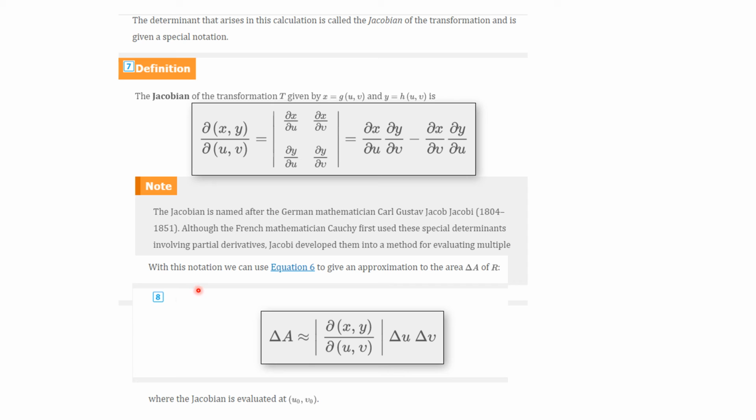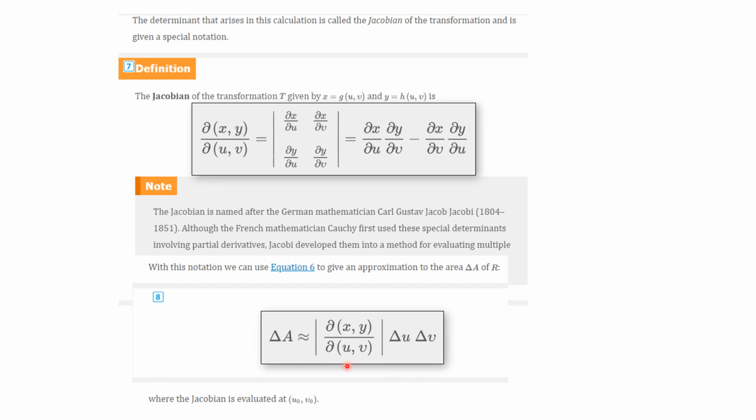But the important thing to realize from our derivation is that the small area is actually this. So the area in the xy plane is actually going to be the absolute value of the Jacobian. It is positive because it's an absolute value.